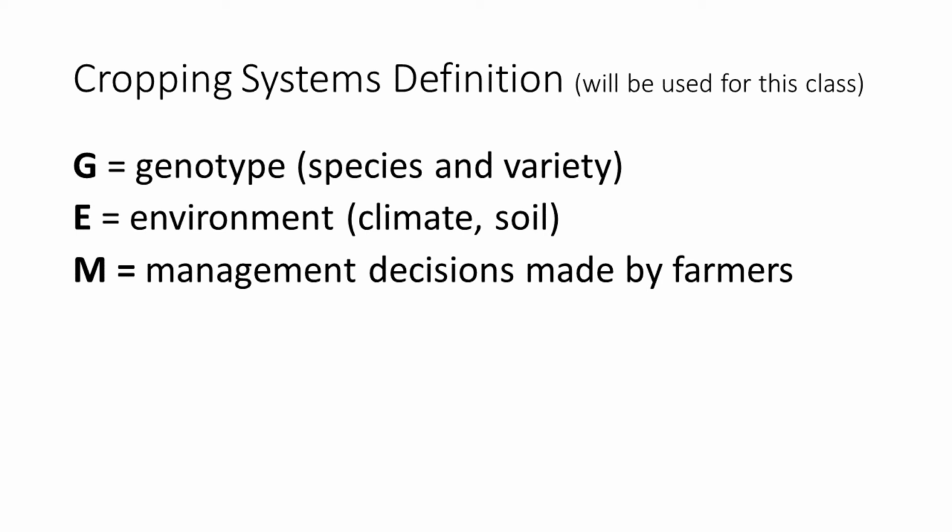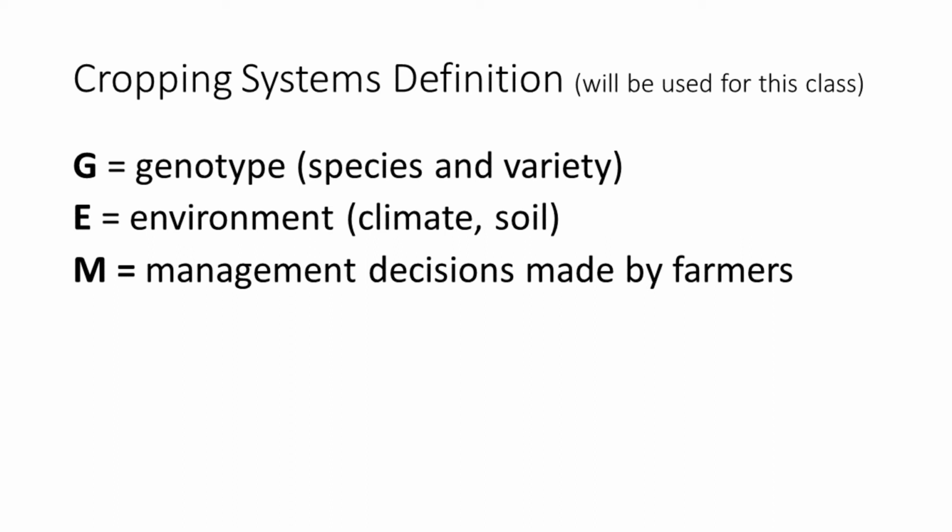So this G by E by M framework is what we're going to use to analyze cropping systems. And going back to the motivating question of the previous video, how did cropping systems become so wildly successful and productive over the past 100 years? We can indeed use this framework to answer the question.